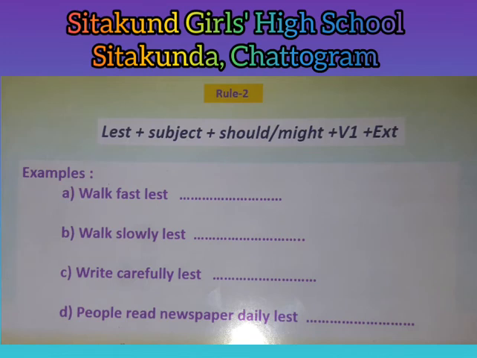Example A: work fast lest. Number B: work slowly lest. And number C: write carefully lest. And number D: people read newspaper daily lest. Actually here, these three examples A, B and C have started with present form. So if any sentence starts with present form, in the last portion you have to write "you" as a subject.